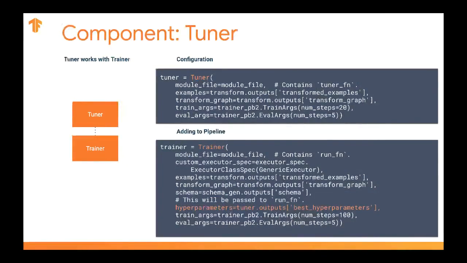We also have hyperparameter tuning, which works with Trainer to tune your hyperparameters. And there's a couple of different algorithms that you can use. It's actually fairly easy to set up.